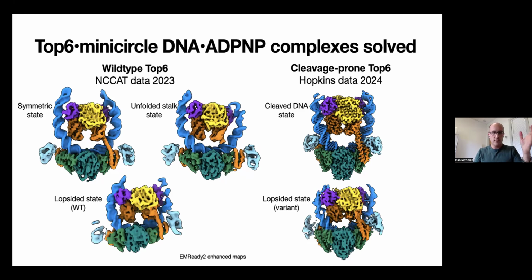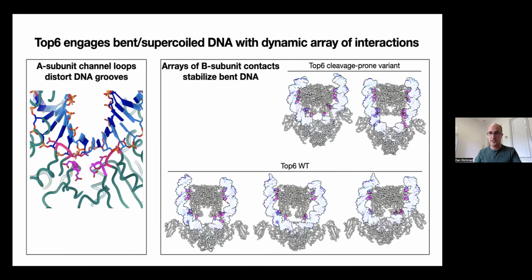So one of the interesting features that emerged from being able to compare all these 5 states was being able to answer one of the first questions, which was how does this recognize a supercoiled substrate?